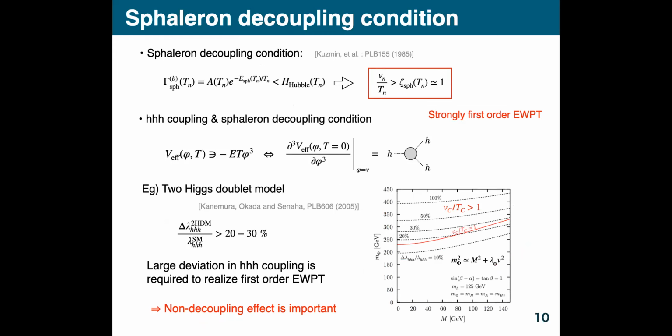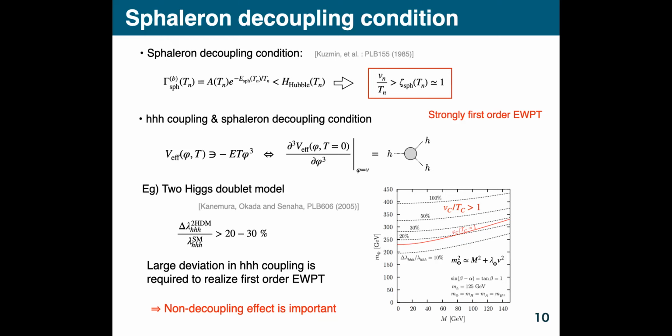When we discussed electroweak baryogenesis, I explained that the sphaleron process should be decoupled after the phase transition. This condition is the so-called sphaleron decoupling condition, and it can be expressed by this formula. This inequality means that the strength of the phase transition should be larger than unity.